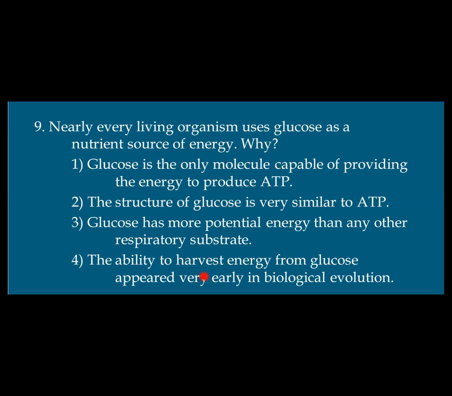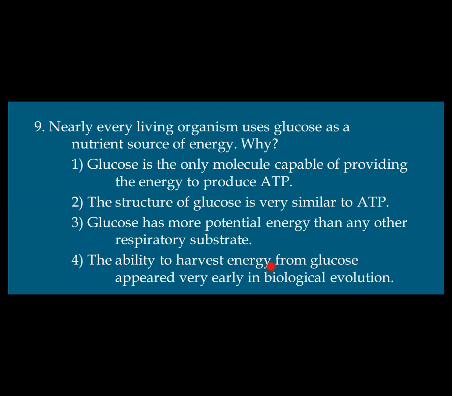Statement 4, the ability to harvest energy from glucose appeared very early in biological evolution. Yes, definitely this is the right option, because of our ancestors. I'm not just talking about chimpanzees or something like that. I'm talking about the ancestral cells where life started, from unicellular autotrophic organisms or chemoautotrophs.